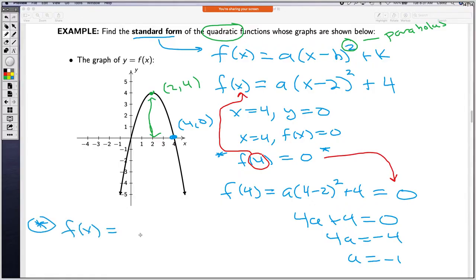And so my formula here is negative 1 times x minus 2 quantity squared plus 4. That would be my final answer. And once again, the ultimate check is to graph it. Get the vertex at 2, 4. Plug in 4, see if you get 0. Boom, you're done.